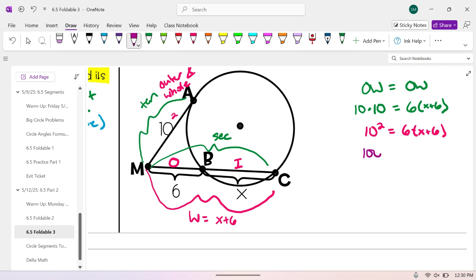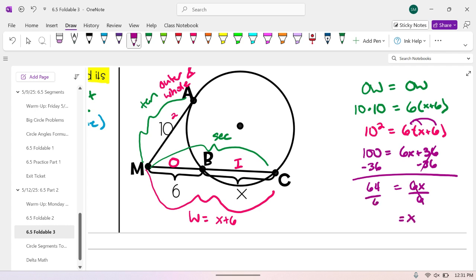So 10 squared is 100. Distribute. I get 6x plus 36. Subtract the 36 to both sides. Get 64 is equal to 6x. Divide by 6. Again, it's not a nice one, but it's equal to about 10.7. So that's the length of BC.